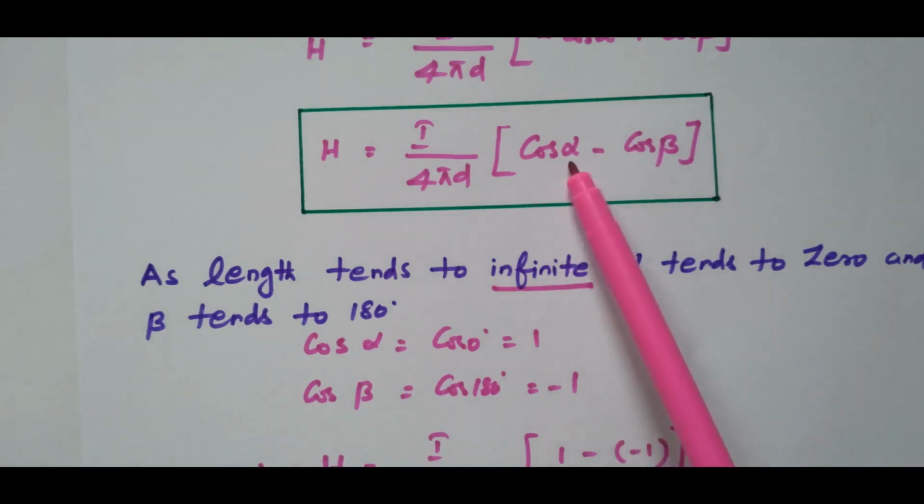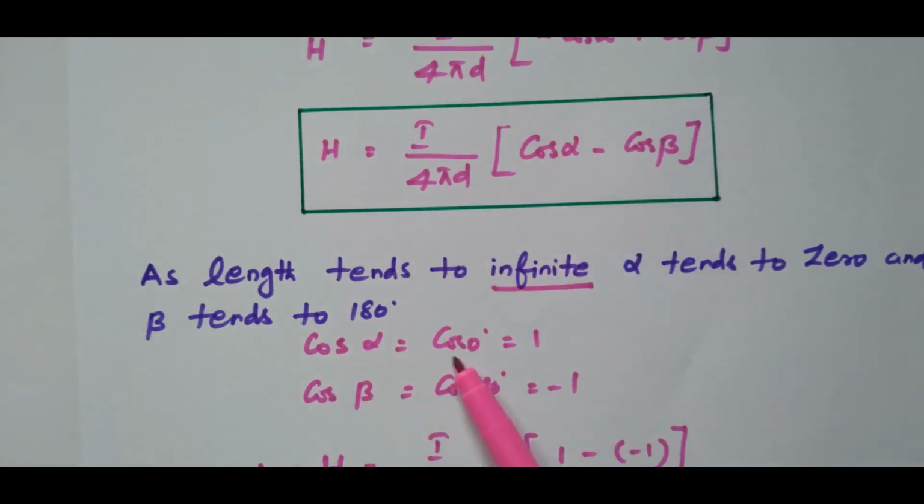So here cos alpha equal to cos 0, which is 1. Then cos beta equal to cos 180 degrees, which is minus 1. So cos alpha is 1, cos beta is minus 1.